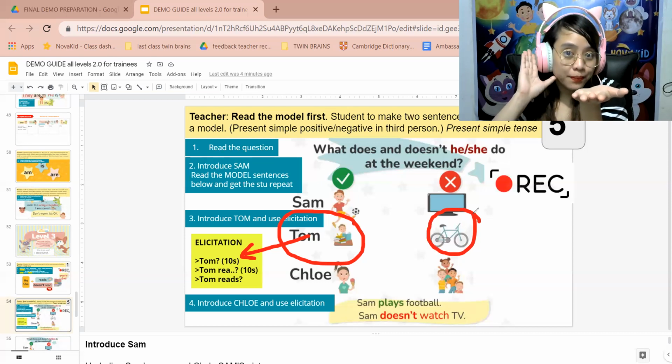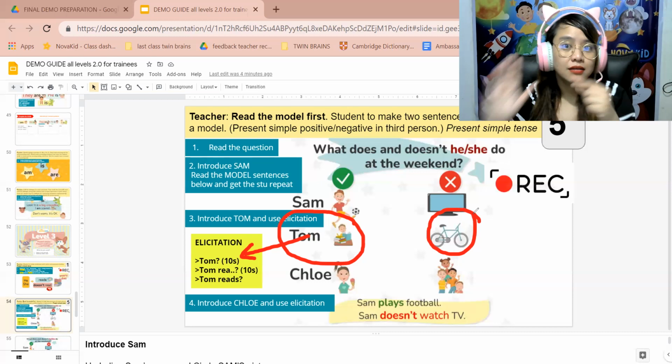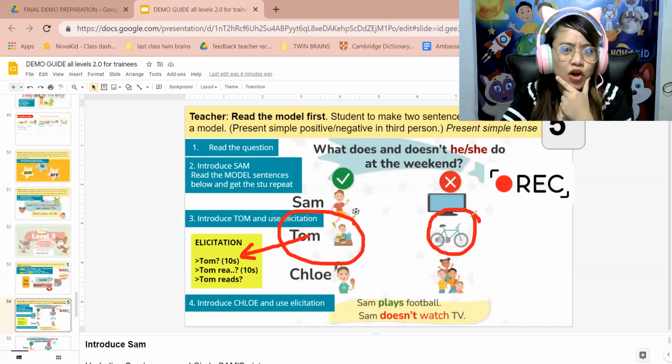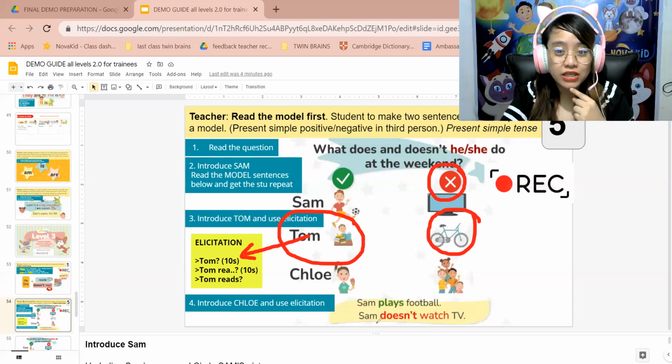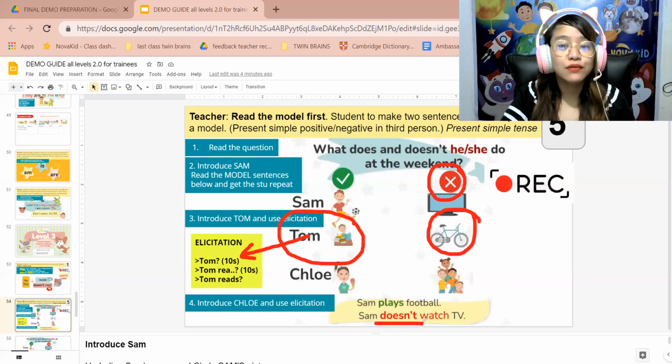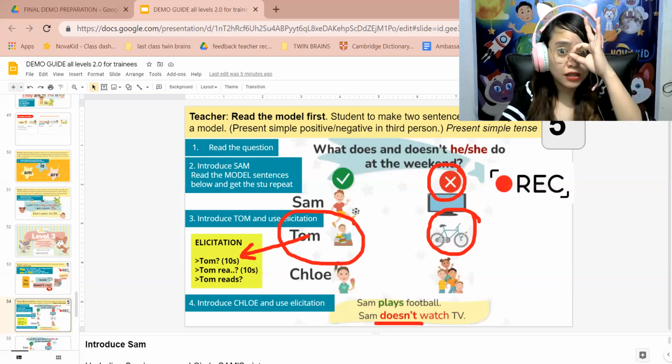Look, Tom ride bike. Tom ride. Look. Then you encircle the X mark here and the word doesn't below to emphasize that the sentence is negative. Look, Tom ride.